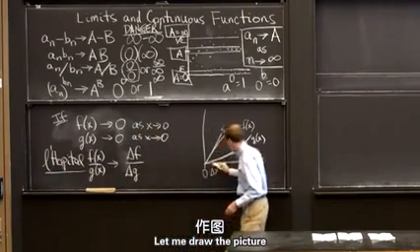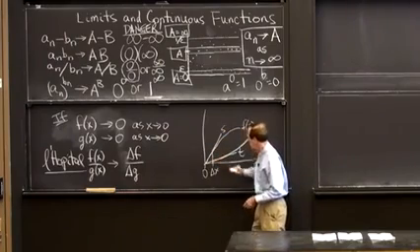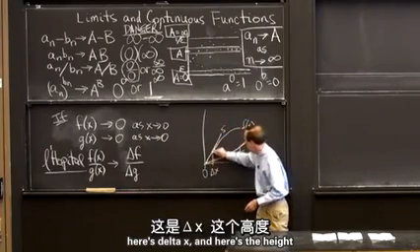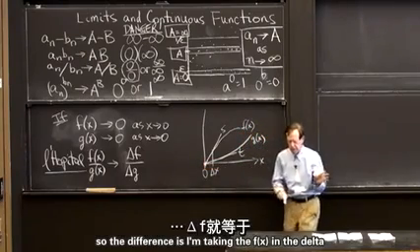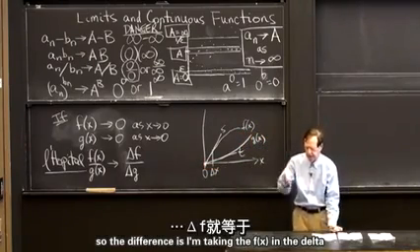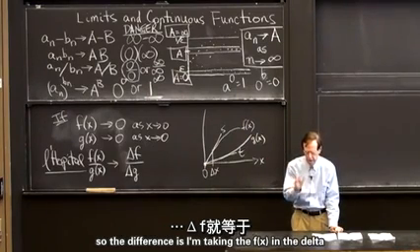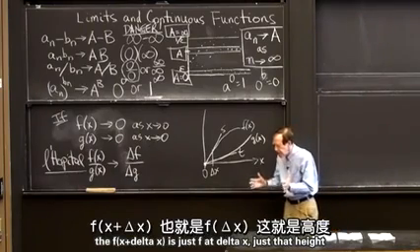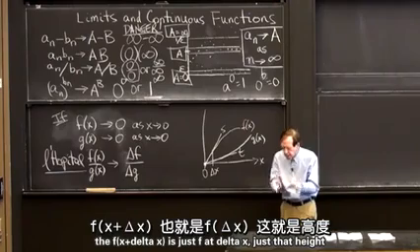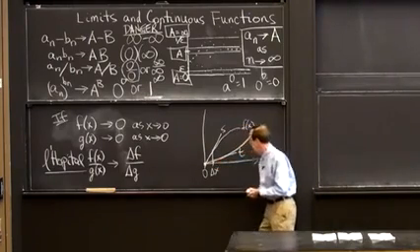Because, let me draw the picture. Delta f is that height. Here's delta x, and here's the height. It's because that point is 0, 0. So when the differences I'm taking, the f of x plus delta x is just f at delta x, just that height. And g is this smaller one.